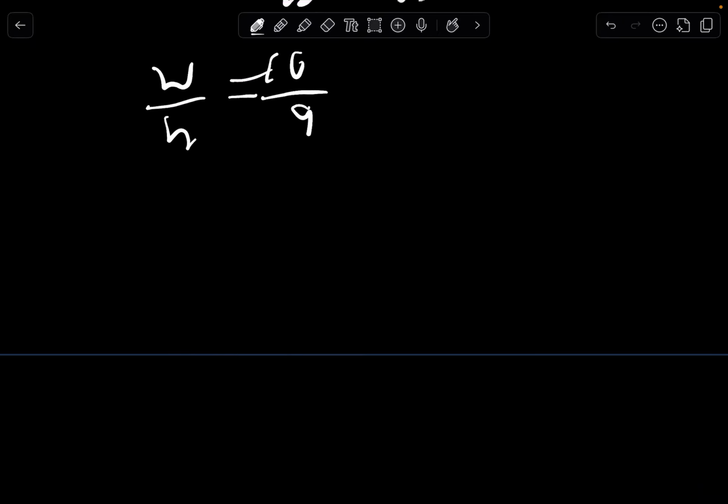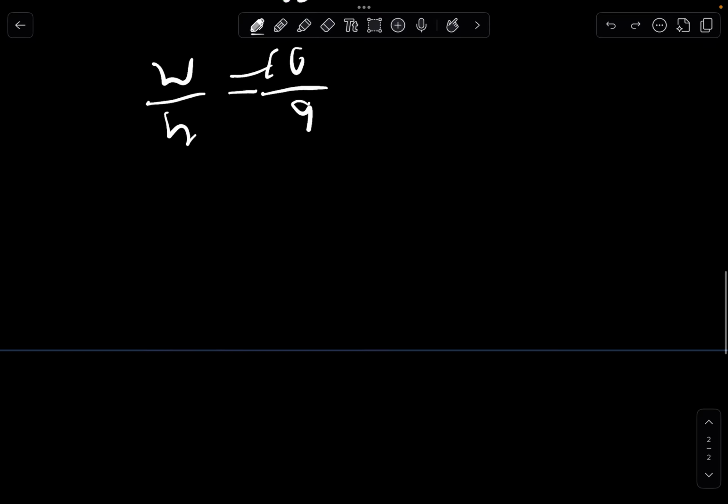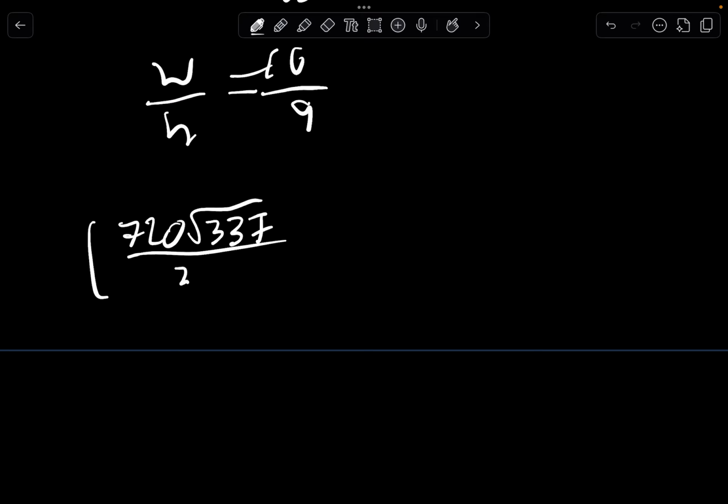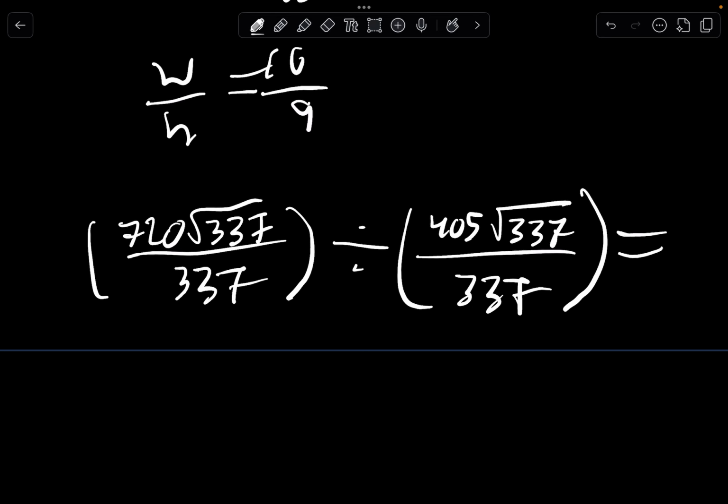You can write it in fraction form or division form, but you have to make sure to parenthesize the two values. Okay, and when we input this, it should equal 16 over 9.